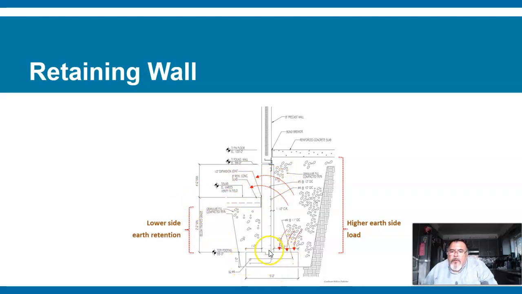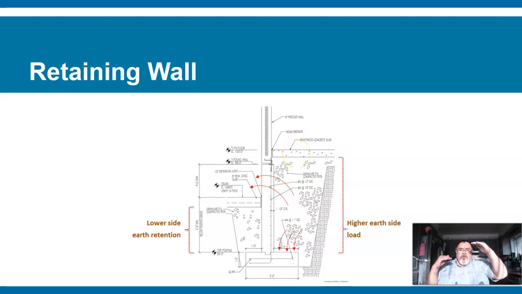There's a footing with a stem wall, and see it says lower side of earth retention, because on this side the dirt is lower. You can see a concrete floor. See this little elevation is telling you the top of the slab height. Then it's telling you the top of the foundation wall height. Then it's telling you the top of another floor at another level.